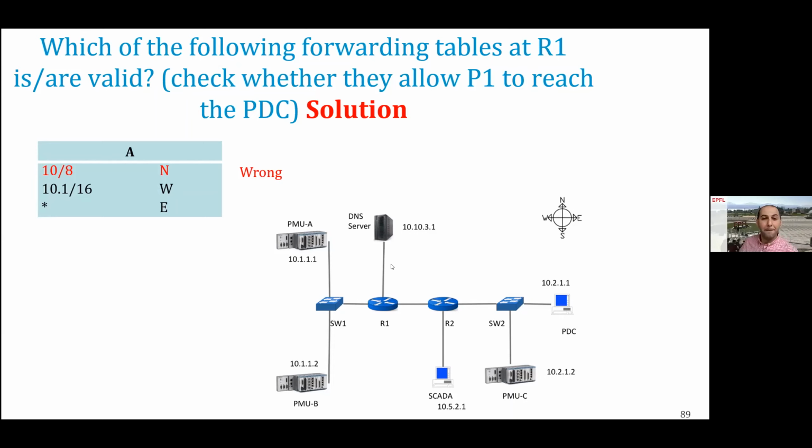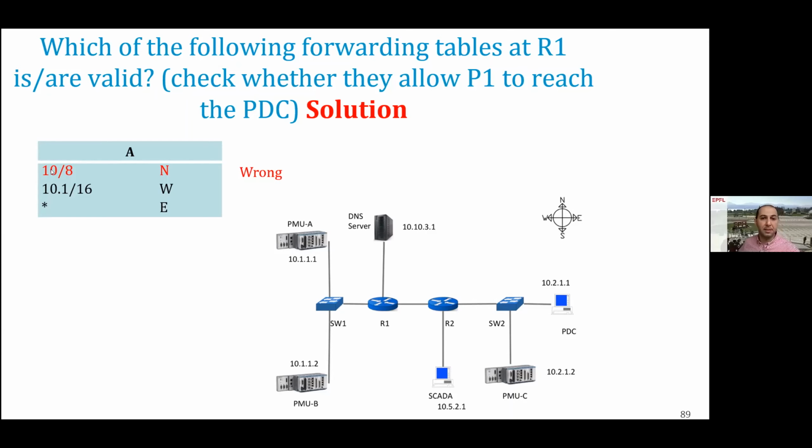But what is the meaning of the /8? /8 is the network prefix length. This is what we have seen with the net mask. This means that we have number 10.